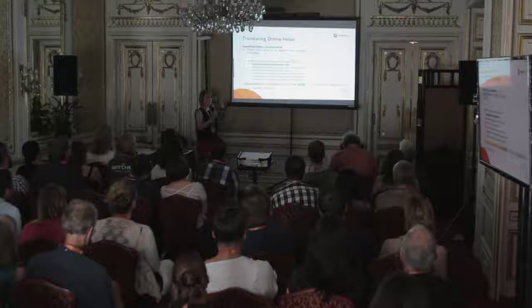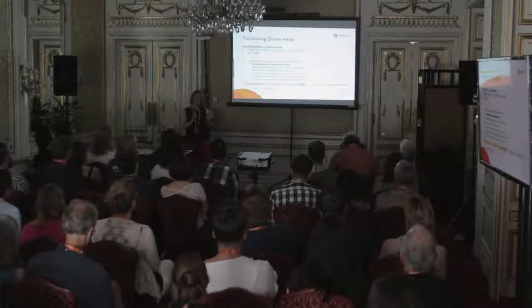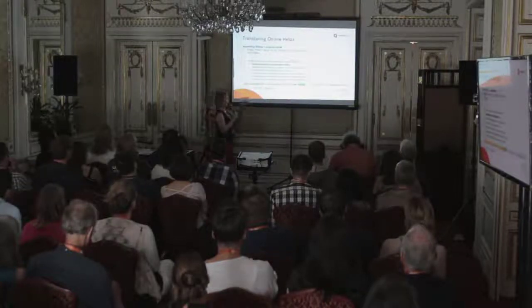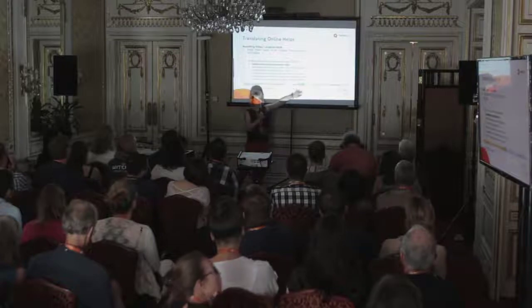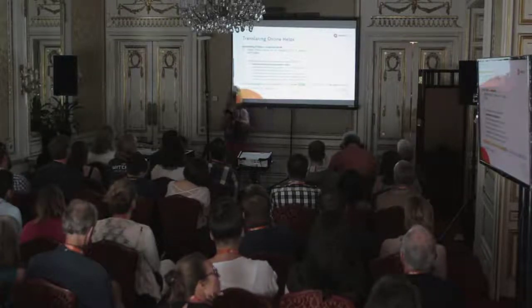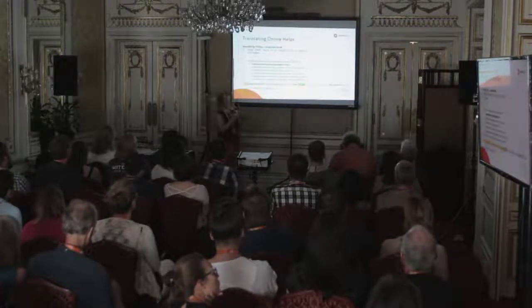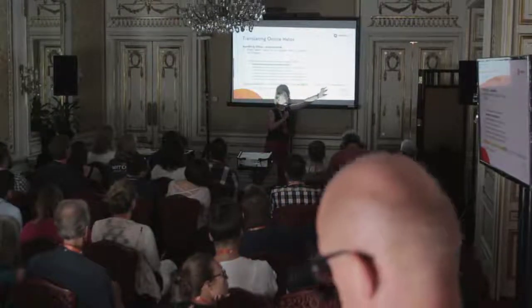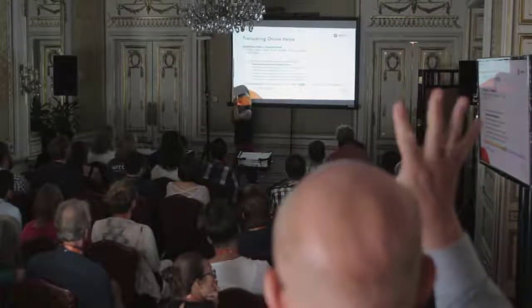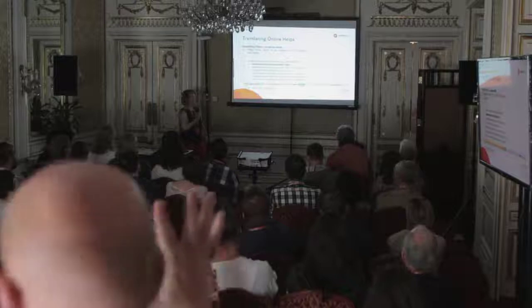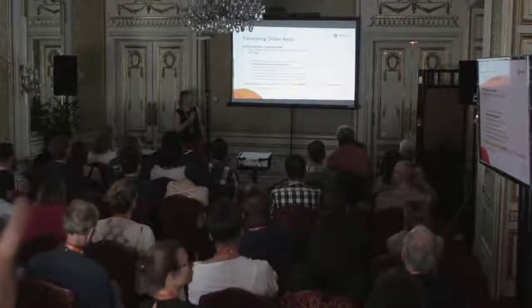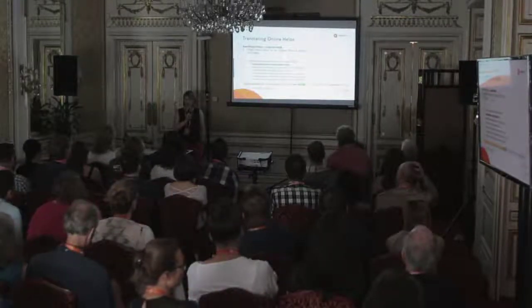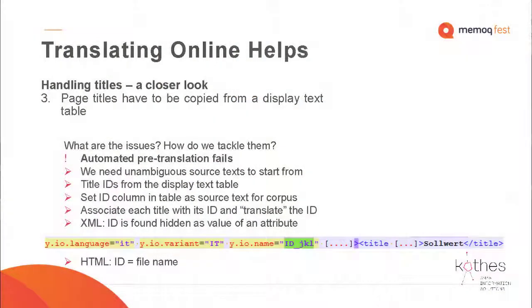In the XML files, the ID is hidden as a value to an attribute somewhere. You can see it's somewhere close to what we originally wanted to translate. So we need to translate this value now. Well, there is no way to do so, and also we don't want to change the value because this has to be left unchanged. Okay, mission failed.